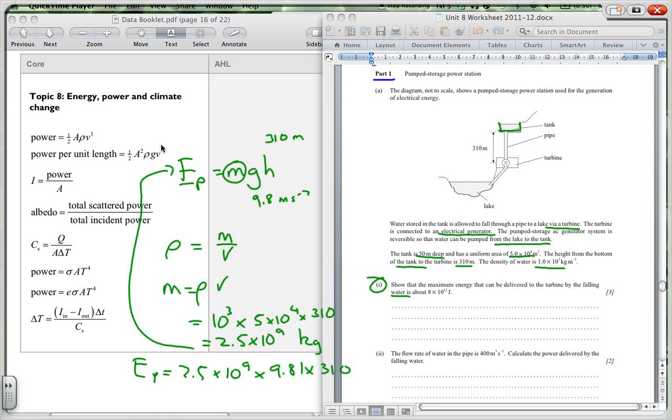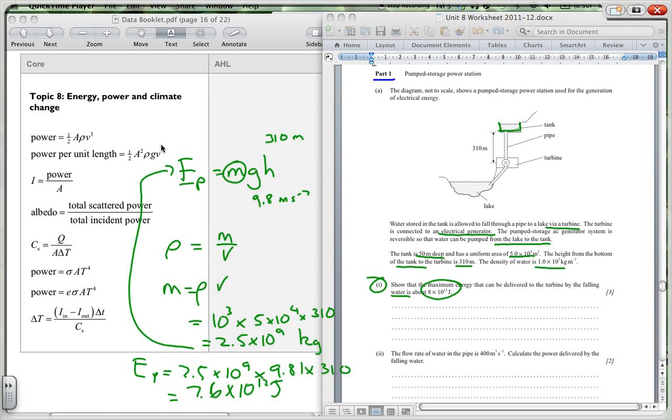So that's going to be 2.5 exponent 9 times 9.81 times by 310, and that gives a total value of about 7.6 times 10 to the 12, and that will be joules, and that's what you want to work out. 7.6 rounds to 8 times 10 to the 12 joules.